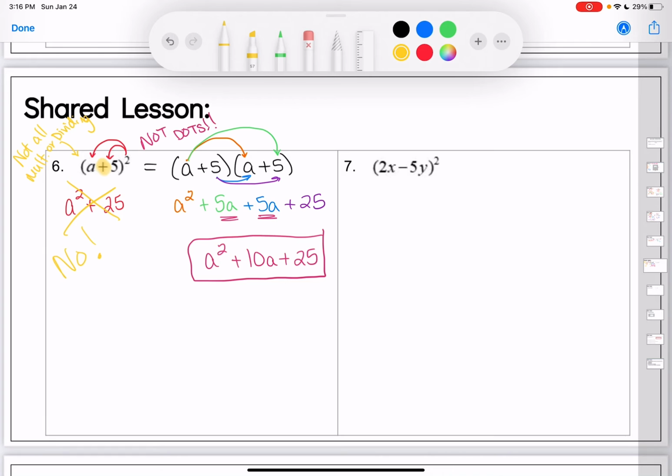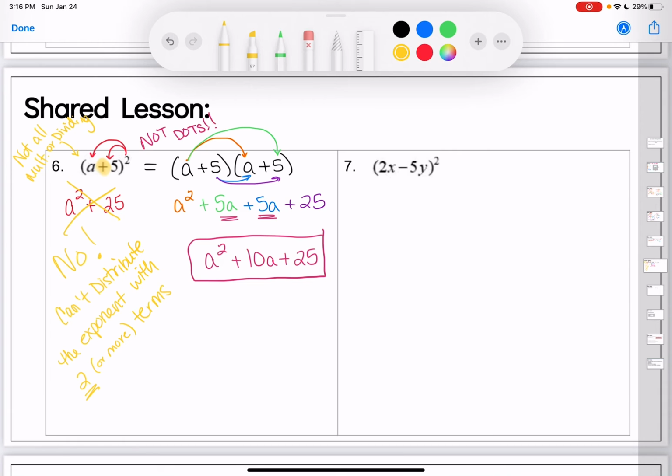And that's the difference. If that was one term in there, 5a, then you could distribute your exponent to both parts. But since I have two or more terms, I cannot distribute my exponent. Can't distribute the exponent with two or more terms.